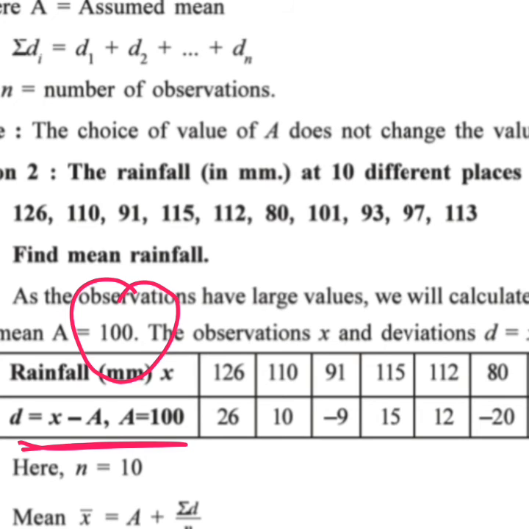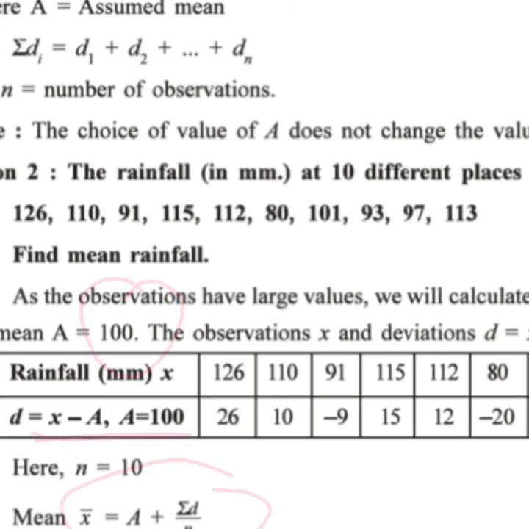The formula of mean by the shortcut method is a plus sigma di upon n. First of all we are going to see how di comes.